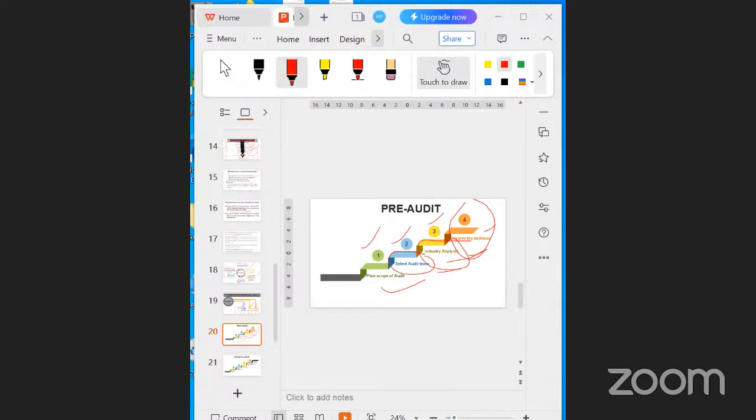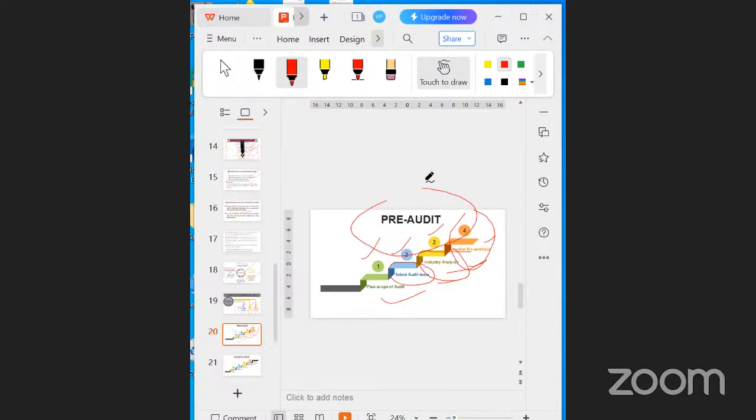Such a questionnaire will be distributed to a few members of the workforce. So these are the four steps that come under the pre-audit stage, those activities which are performed before the audit, right?